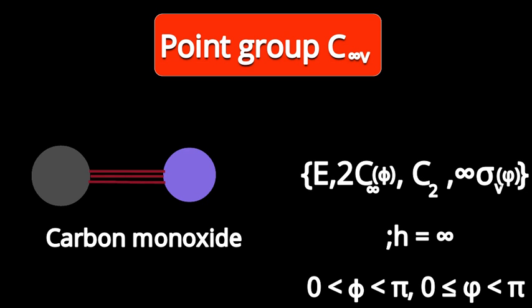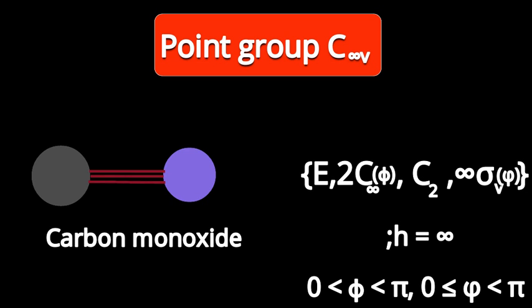Likewise, plus an infinite number of vertical planes with variant angle per phi, where per phi is greater than or equal to 0 but less than pi. Total number of operations h is equal to infinity. That is the meaning of this structure and collection of operations.